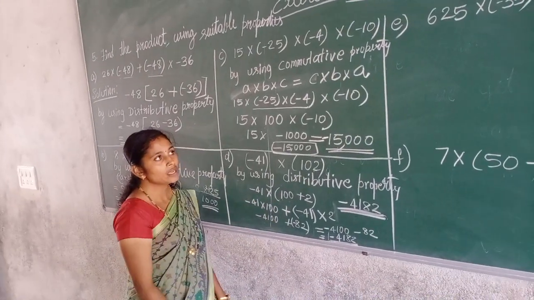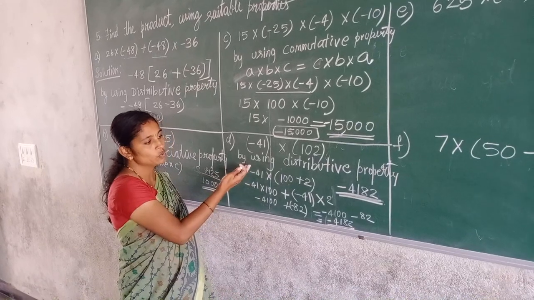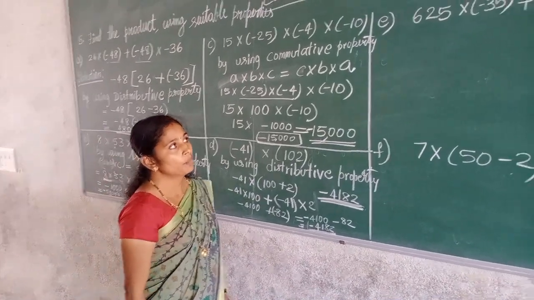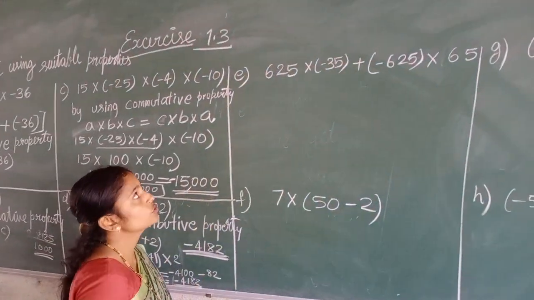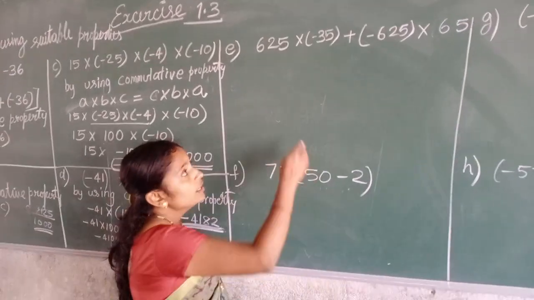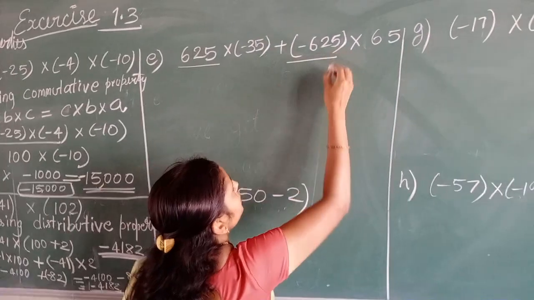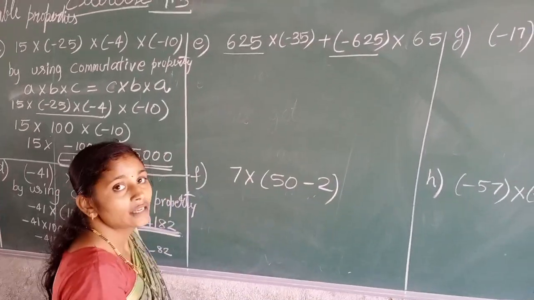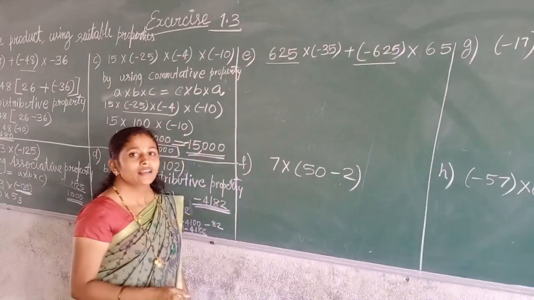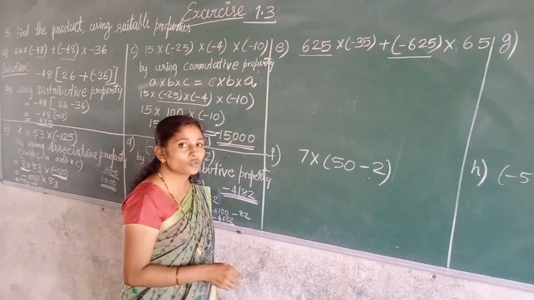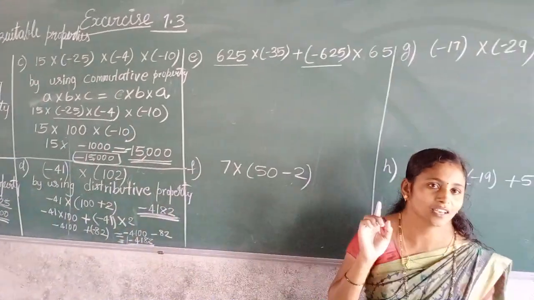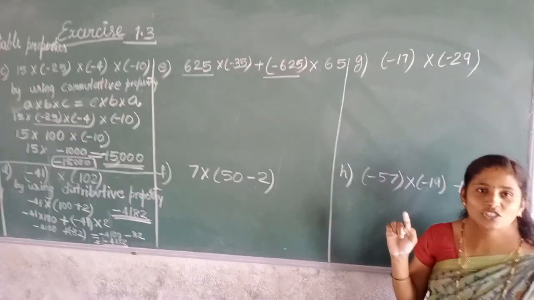Let us go to the next question. In the E question, just observe that 625 is repeated. Which property can you use? You can use the distributive property.